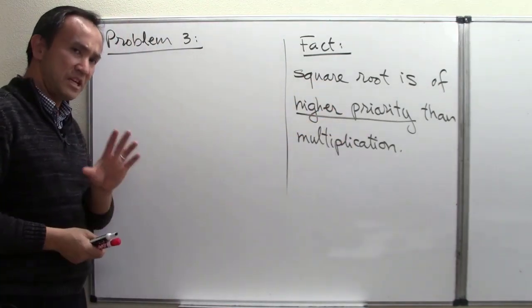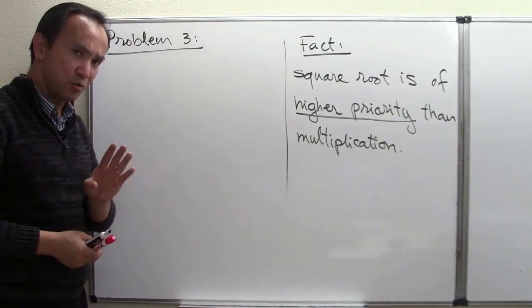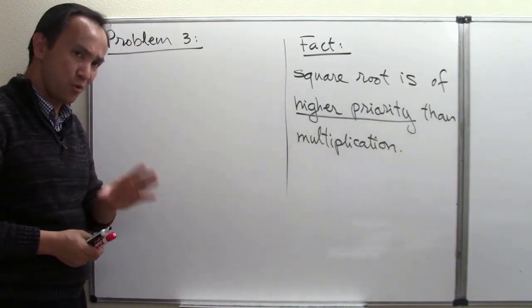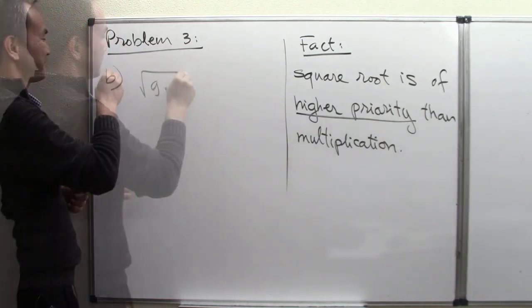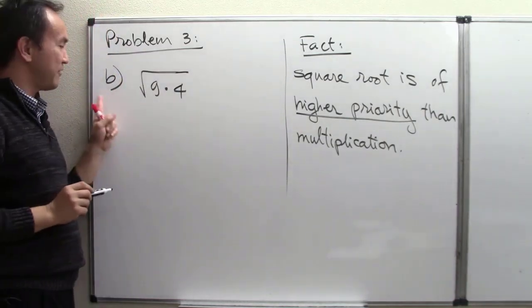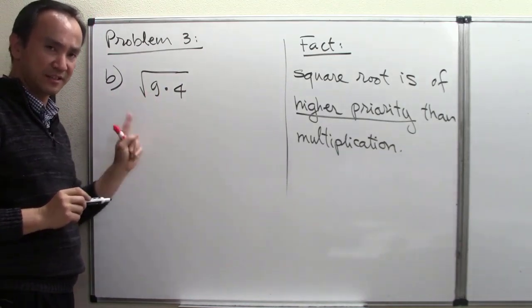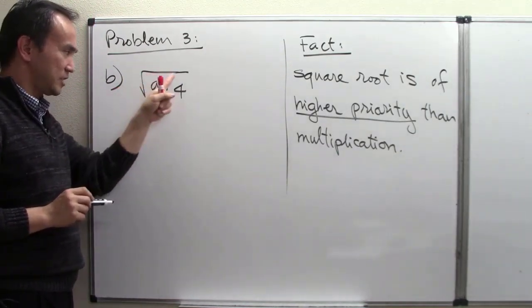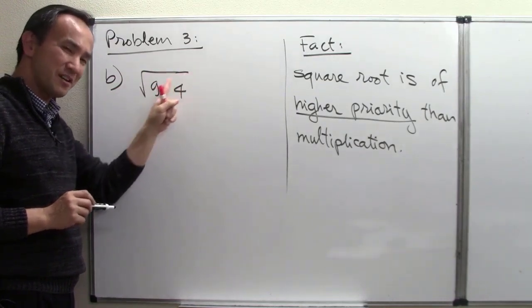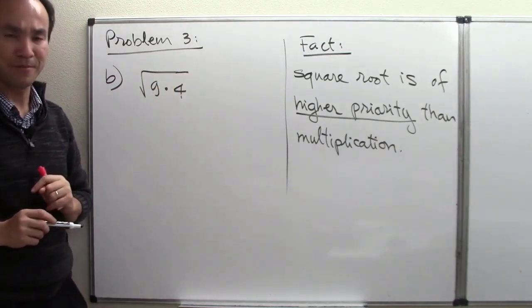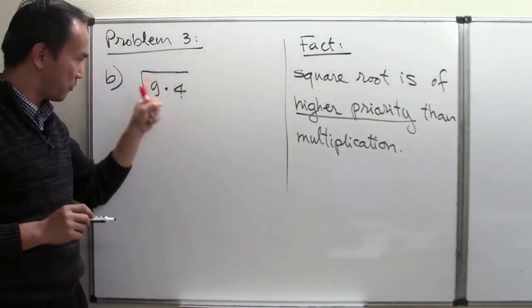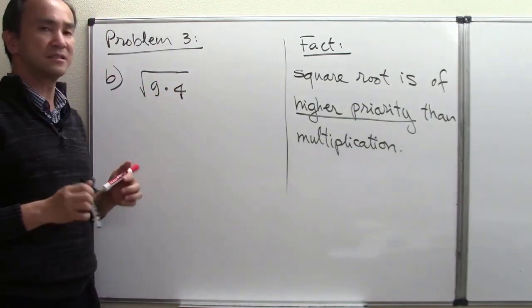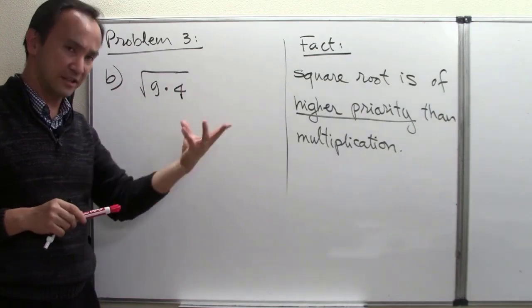Even though I said so, be completely aware of some situation like this, and it will happen quite often. Let's say I have a problem that looks like the following. Take the square root of 9 times 4. Even when I'm saying it, it may sound a little confusing, but the way it looks makes it the clearest to understand.